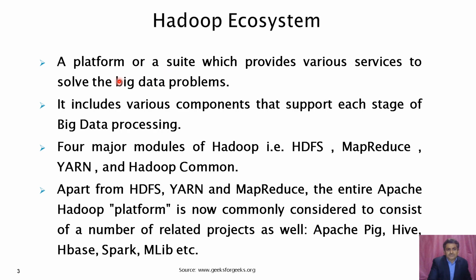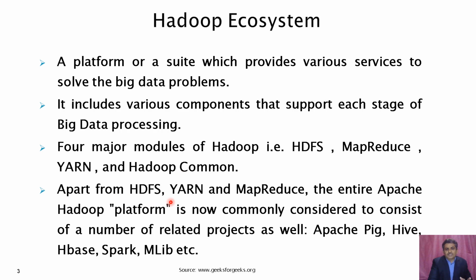Hadoop ecosystem is a platform, a suite which provides various services to solve the big data problems. It includes various components that support each stage of big data processing. Four major components or modules of Hadoop are HDFS, MapReduce, Yarn, and Hadoop Common.